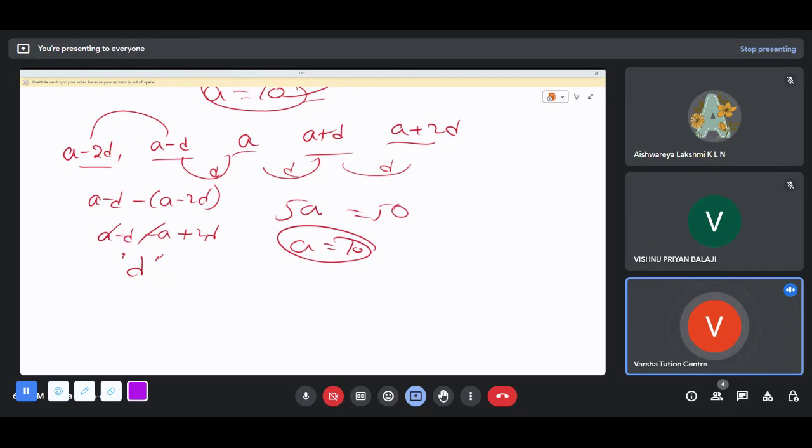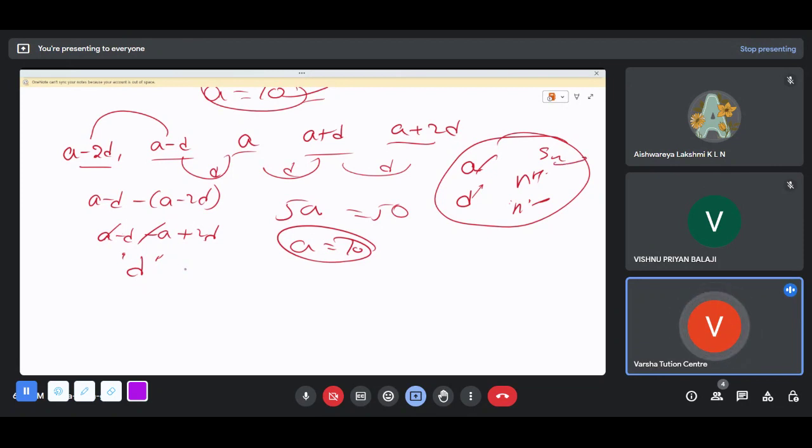Understand? Mainly in AP, you need to find the first term, the common difference, the nth term or n, and Sn. These six only you need to find in AP: the first term, the second term, the nth term, n, and what is the sum of that.